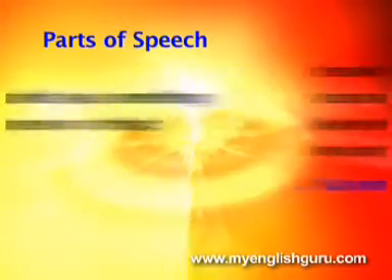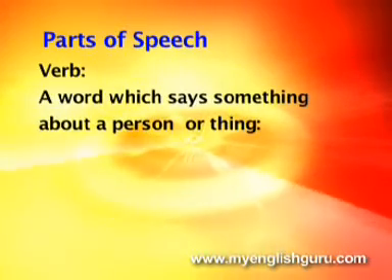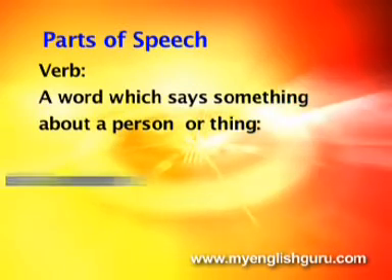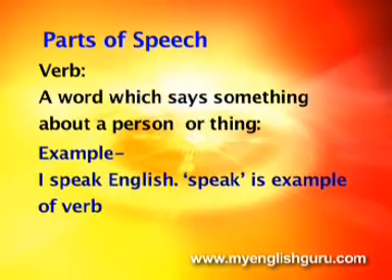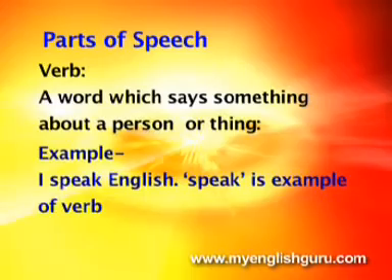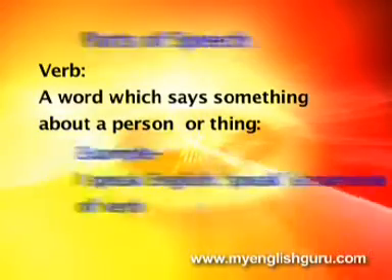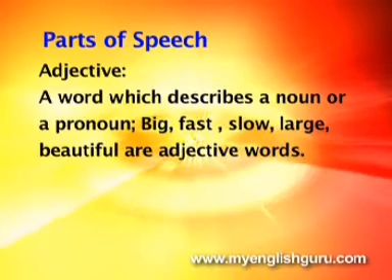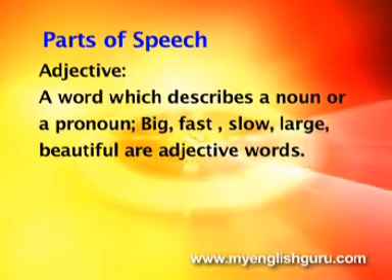3. Verb. A word which says something about a person or thing. Example: I speak English. Speak is an example of a verb. 4. Adjective. A word which describes a noun or a pronoun.